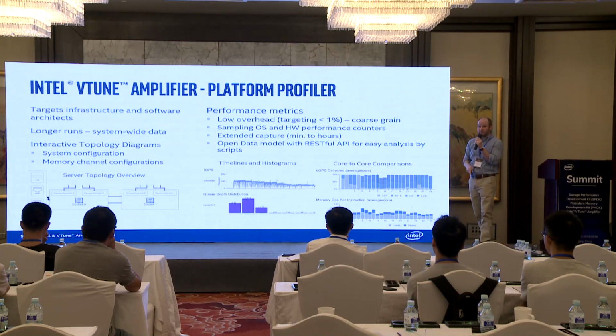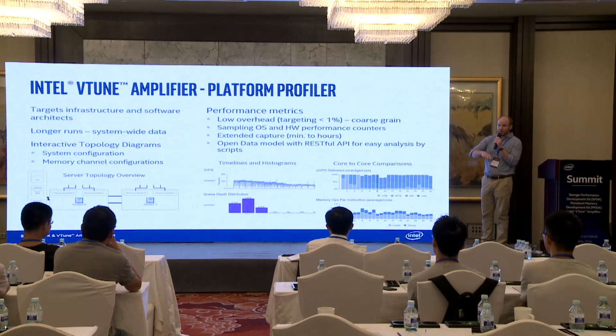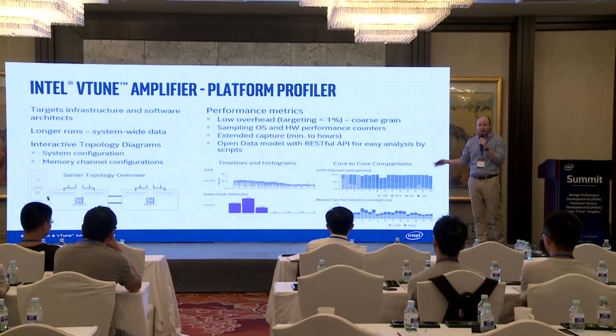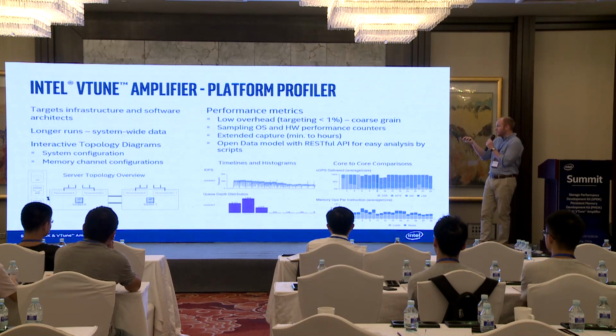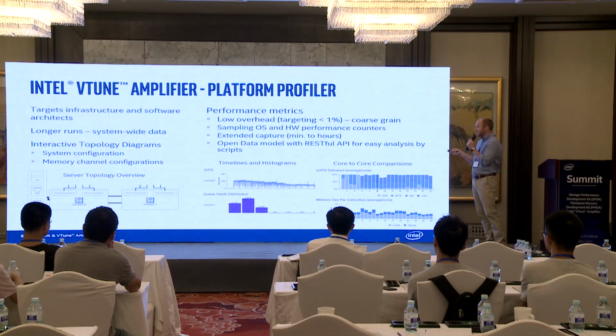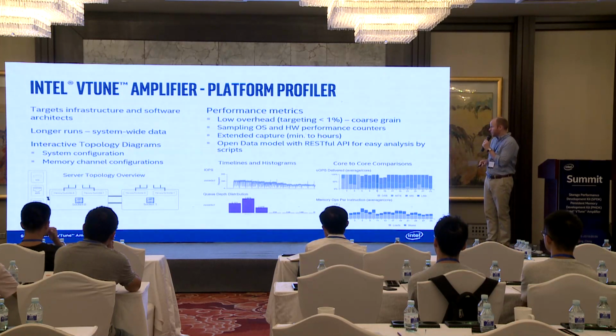The types of performance metrics that we collect are very low overhead. If you've ever done performance profiling, you know that it's very important to not change the performance of the application while profiling it. If your performance monitor is high overhead, then the results that you collect are no good. You have to be very low overhead. We use OS information and hardware performance counters to collect this data, and that's how we can be very low overhead.